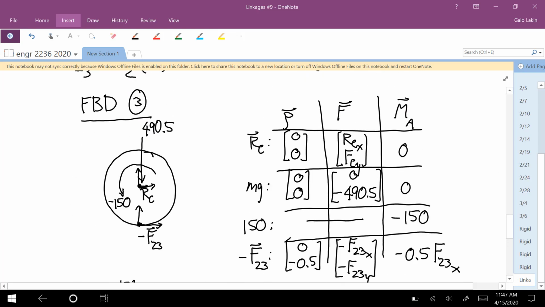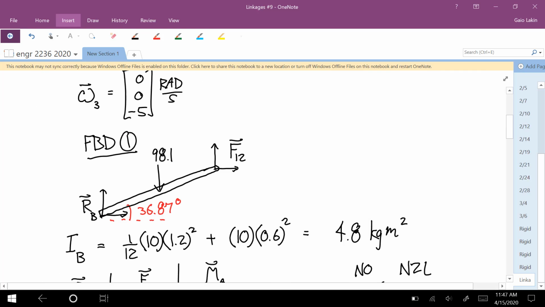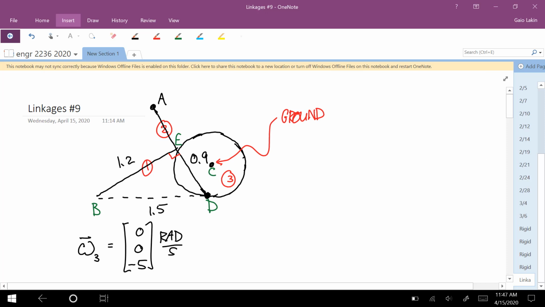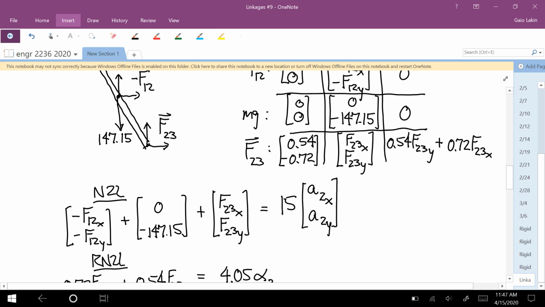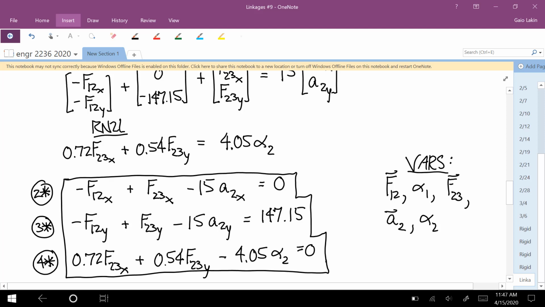Okay, so first let's make the velocities match at, if we scroll up to the original picture, at D. So we're going to find the velocity on that wheel, and we're going to come up with an expression for that angular velocity of body 2 in terms of the angular velocity we're given for the wheel.